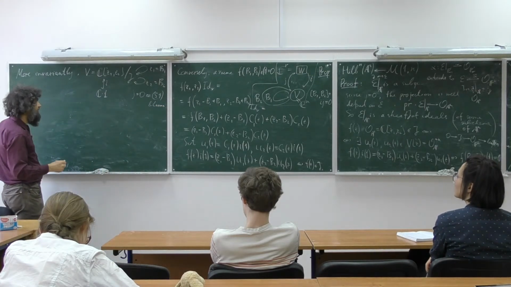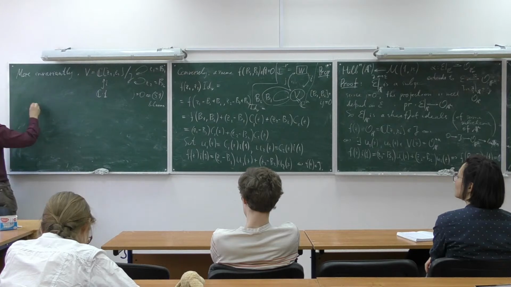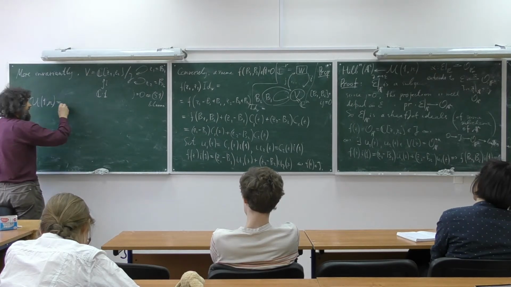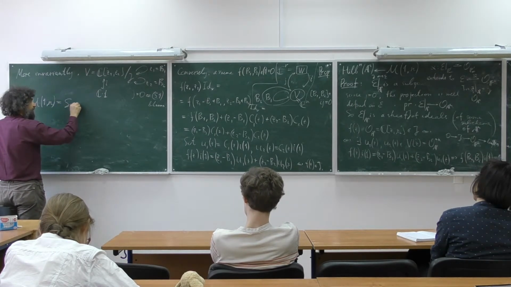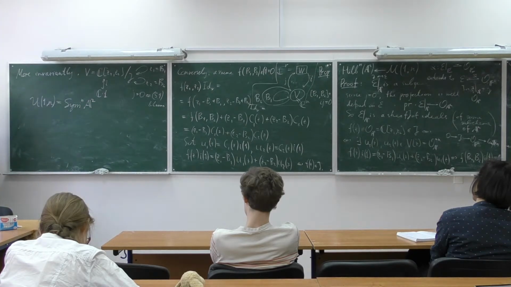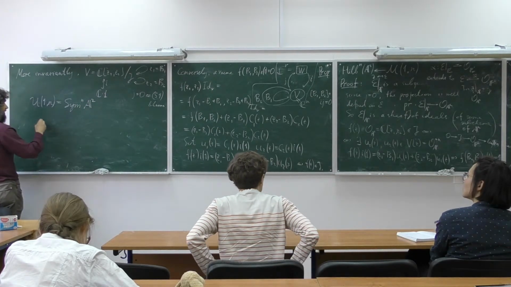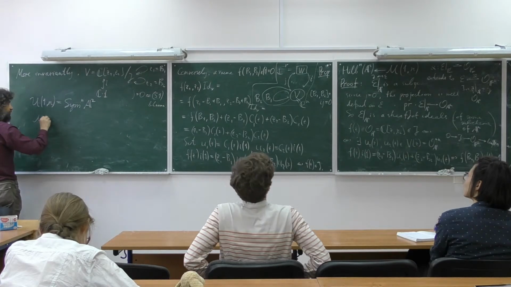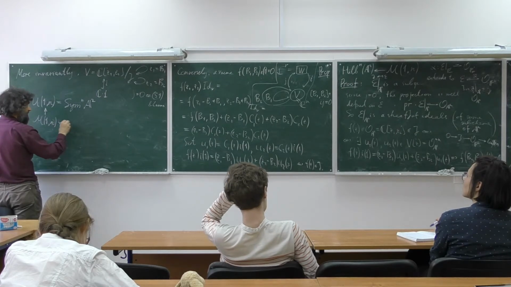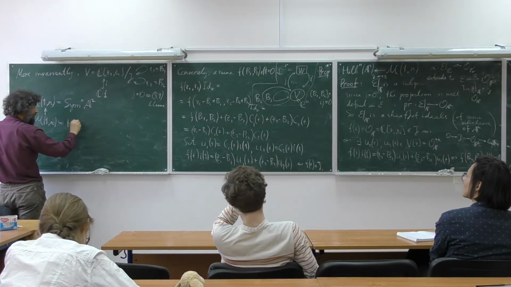The last thing I have time to say is that the Uhlenbeck space in this case is nothing but the symmetric nth power of the plane. And this resolution of singularities from Gieseker to Uhlenbeck is just the Hilbert-Chow map.